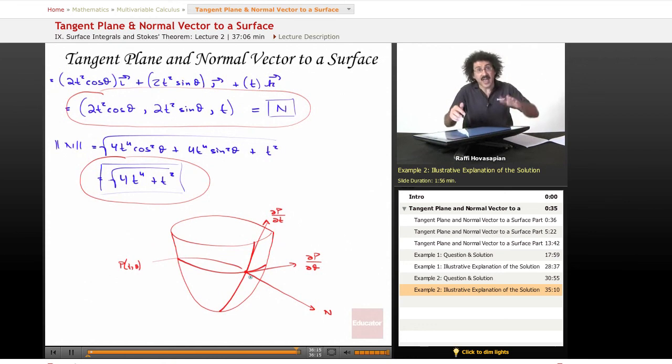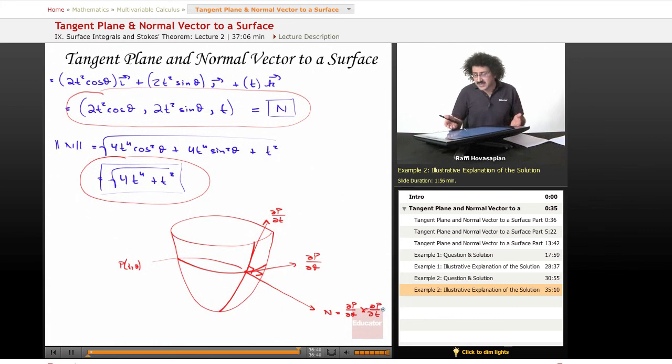This is a vector as the surface changes. This normal vector is always going to be perpendicular to it, no matter which. That's the whole idea. So it is perpendicular to that one, and it is perpendicular to that. And this happens to be n, which again is dp d theta cross dp dt.